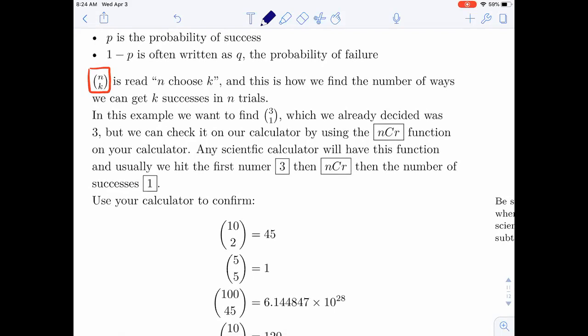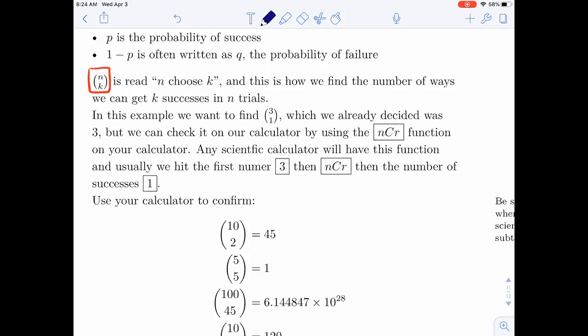It's usually nCr, with a capital C and R, that you're looking for. So 3 choose, and then I have to hit 1. This one's kind of cryptic. It doesn't show you that it's doing anything until you hit equals, and then it tells you it's 3. 3 choose 1 is kind of hard because the answer is 3, so it's not very obvious that it's done anything, right?